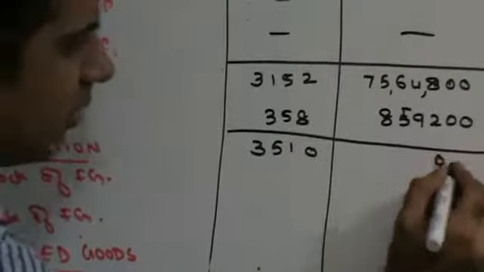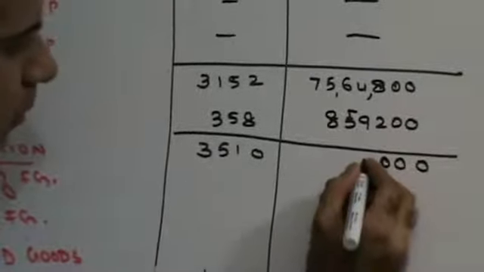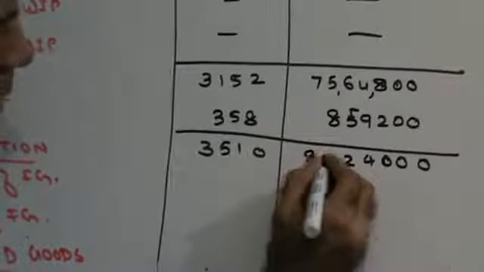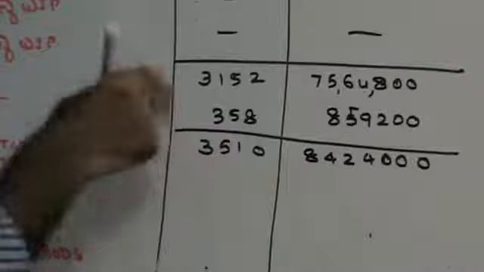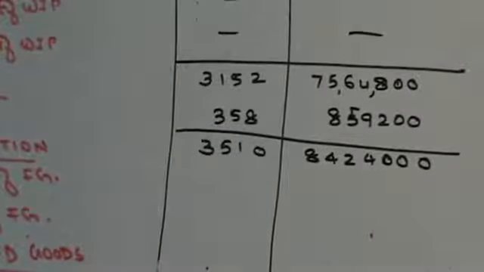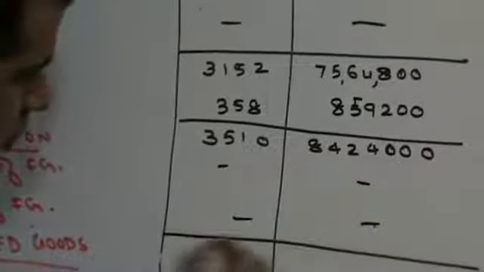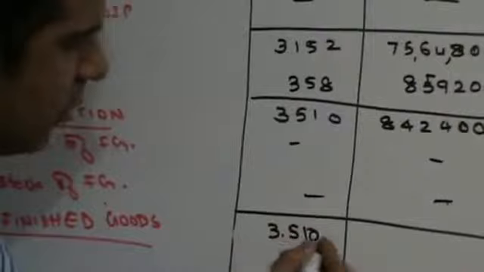Someone cross check, guys, please. 8,424. Someone add this also and check this figure. There is no opening and closing stock of finished goods, so this is 3,510.